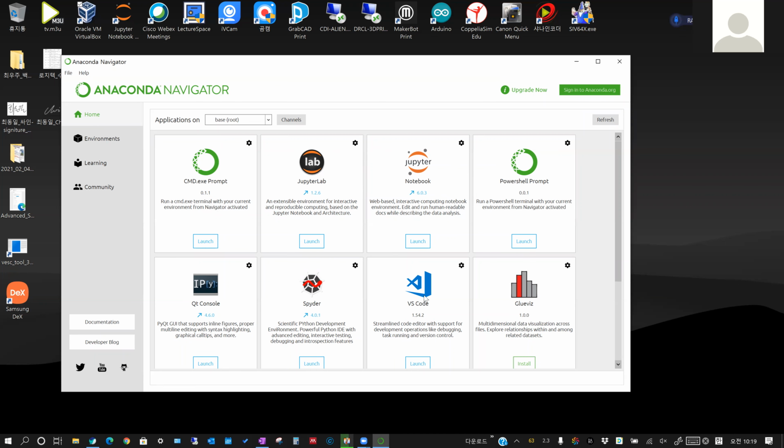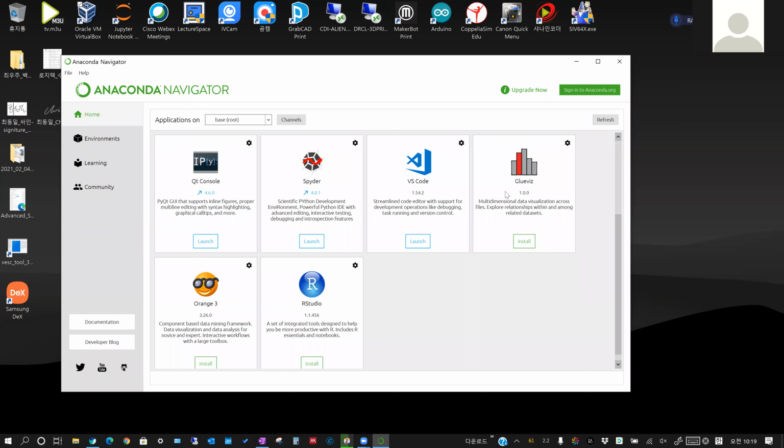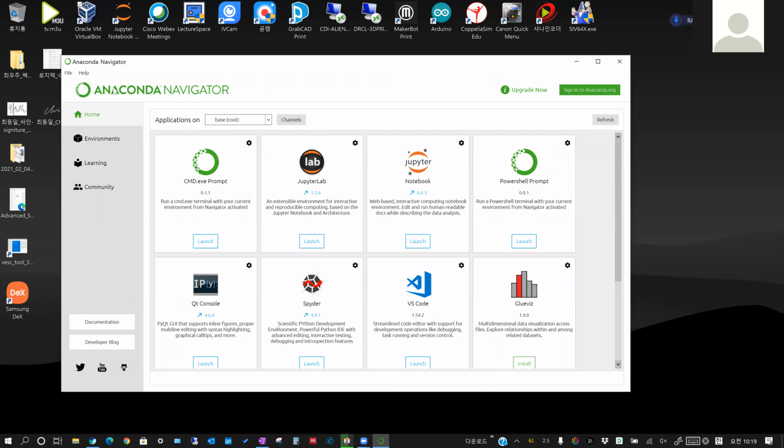This one is VS Code, Visual Studio Code, and you might have heard about the R language, so this is RStudio. So Anaconda is one of the famous data science management programs. I usually use the Jupyter Notebook. So let's start from here.